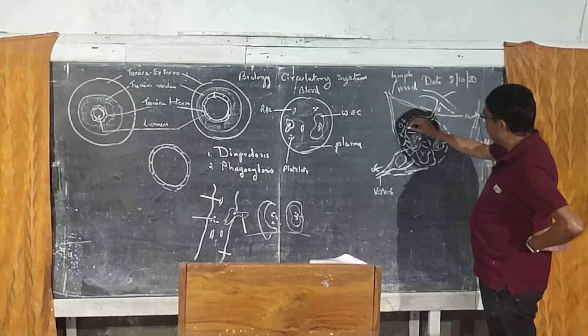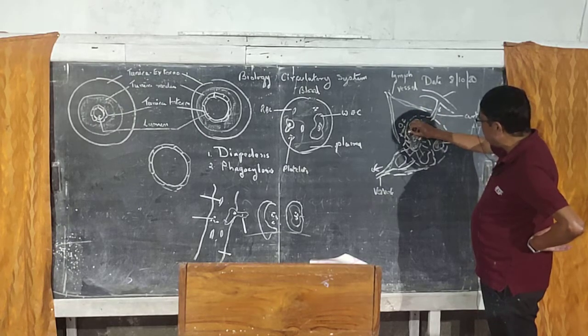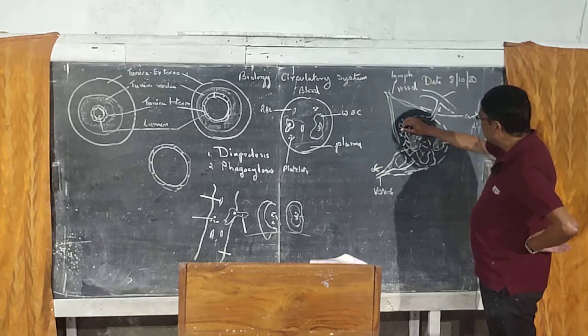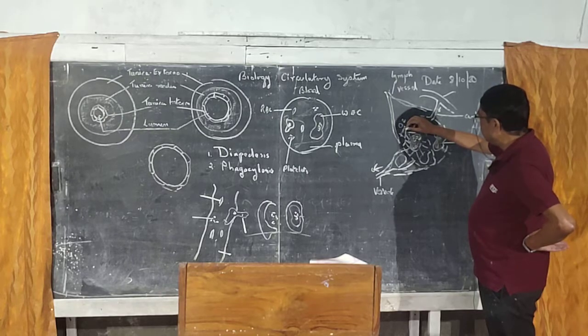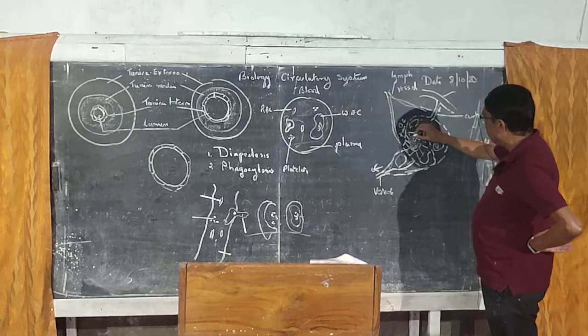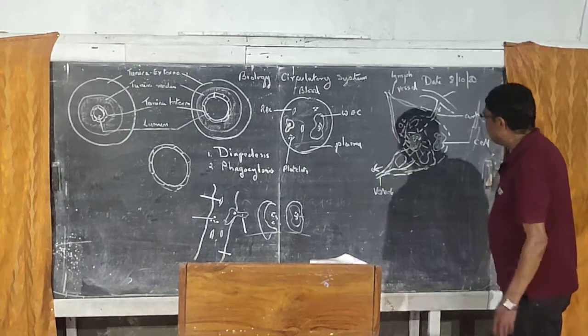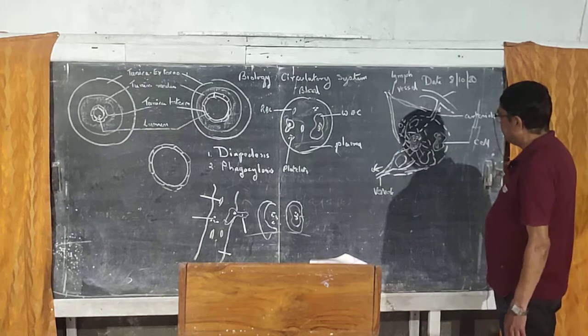Now the oxygen is rich in the capillaries, it will diffuse out into the plasma and from the plasma into the cells. Food materials from the blood in the capillaries diffuse out and enter into the cells. So this way exchange of material takes place.